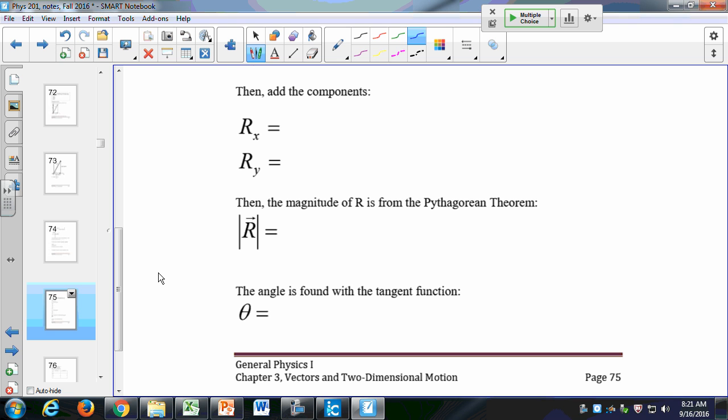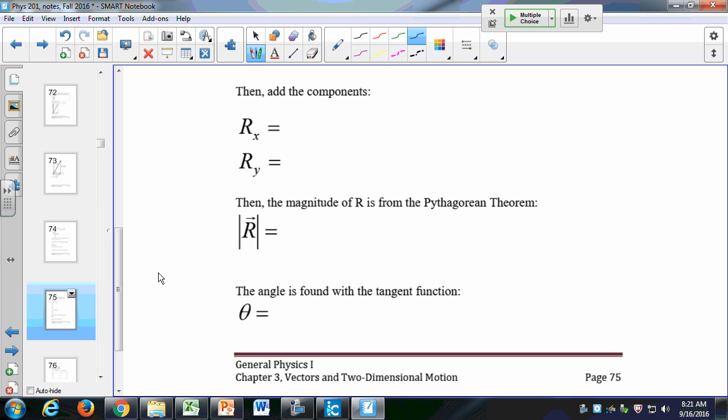So vector sum doesn't mean just adding two numbers together, but going through this whole business of the Pythagorean theorem and the tangent function. If I translate this vector over, then my vector r is going to start here and go up there.